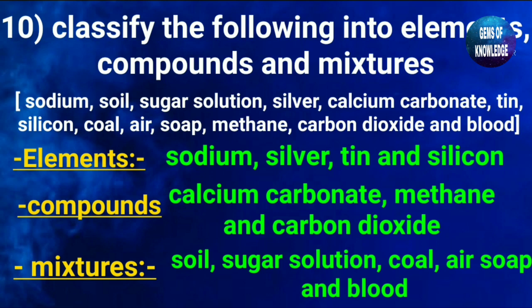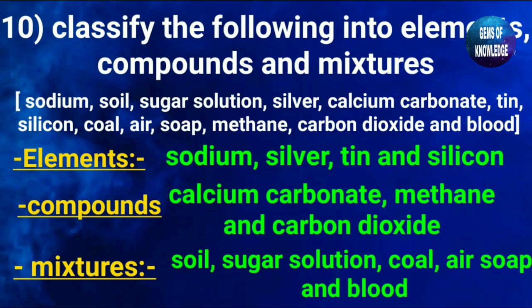Among these, the elements are sodium, silver, tin and silicon because they are made up of a single type of substance, so they are called elements, and they cannot be broken down into simpler substances. Then comes compounds. Compounds have a fixed composition and can be broken down into their components.